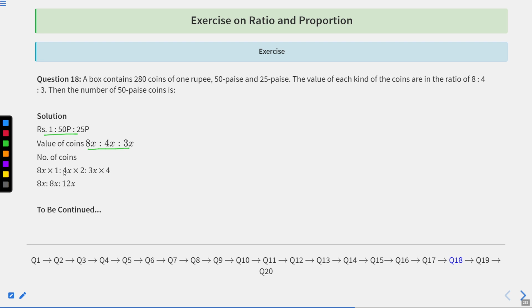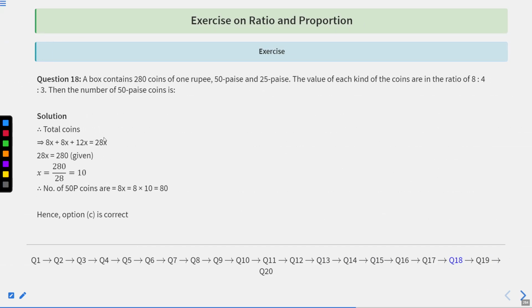So the number of coins will be 8x into 1, 4x into 2 and 3x into 4. So it will be 8x, 8x and 12x. Therefore the total coins will be 28x, taking the sum, and it is given to be 280. So that means x is equal to 10. So the number of 50 paisa coins is equal to 80. So the correct option here is option C.